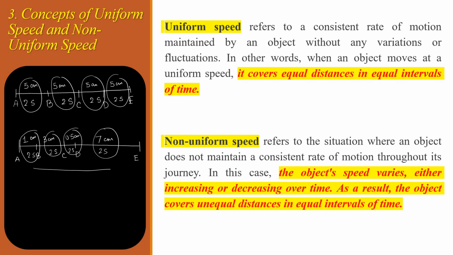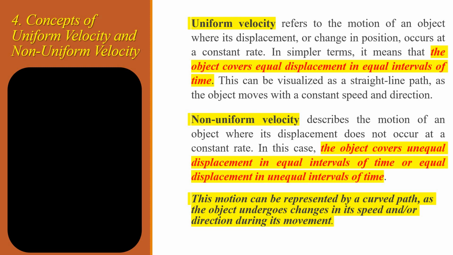Let's try to understand the concept of uniform velocity and non-uniform velocity. Okay, in uniform velocity, we see that uniform velocity refers to the motion of an object where its displacement or change in position occurs at a constant rate.